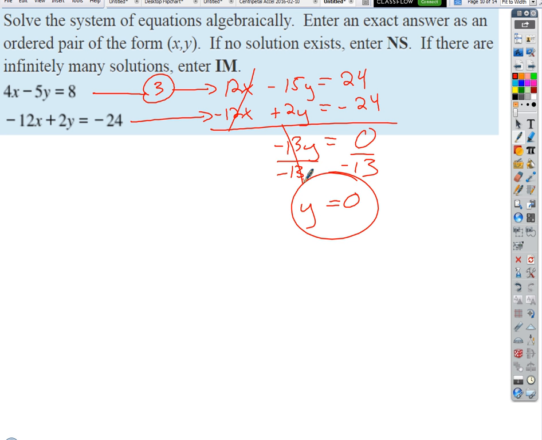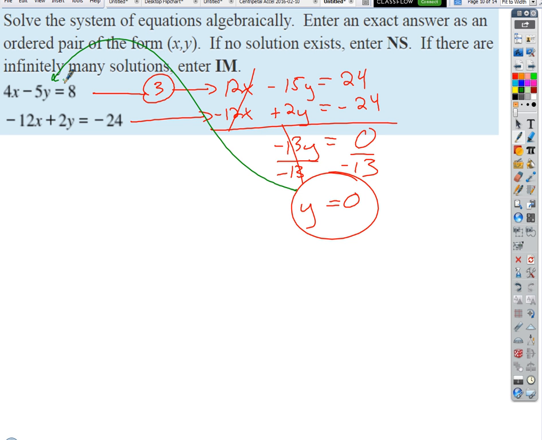To find the x part, I'm just going to go back to one of the original equations, doesn't matter which one, and plug that y value in and solve for x, right? If I had had a substitution equation, I would have gone right back to that, but I didn't have one this time. So probably it'd be easier to go back up to the top one, the little smaller numbers.